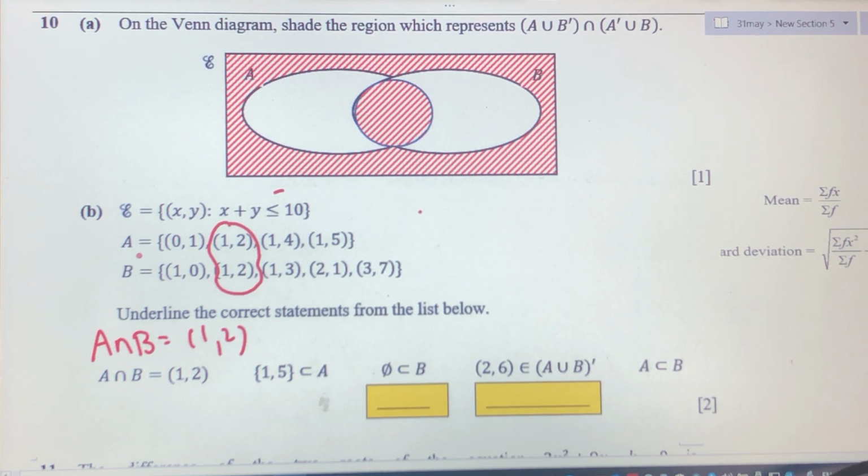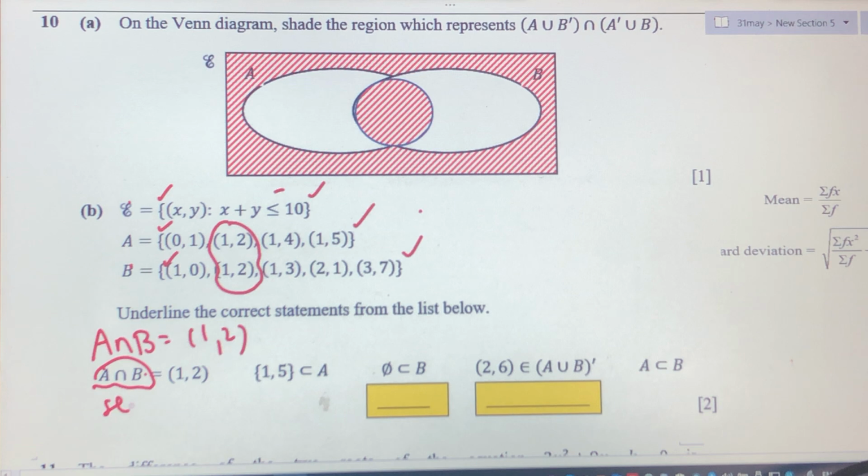I go back to my first point. Sets must have braces. A intersect B, is this a set? Yes, this is a set. Then it must have braces. If you do like that, then it's correct.